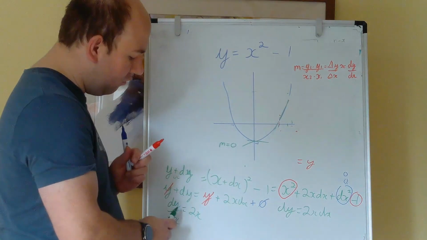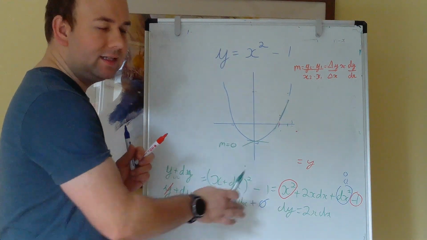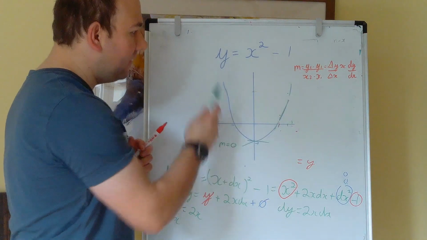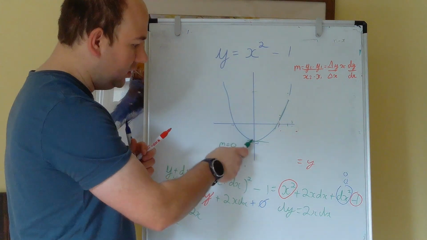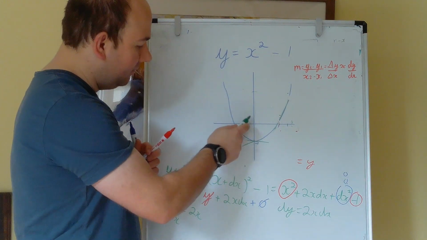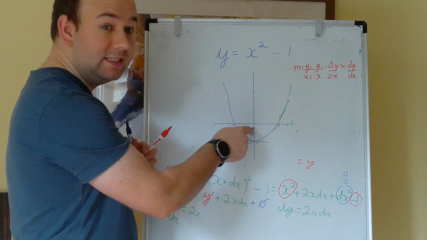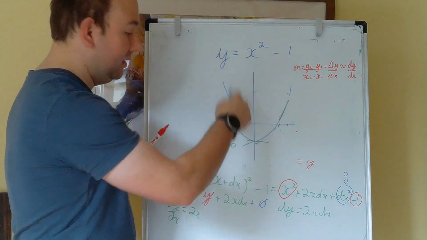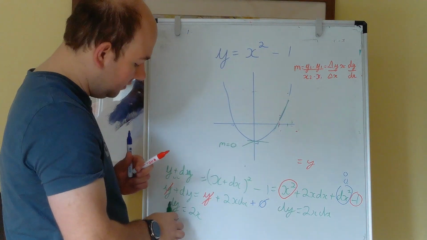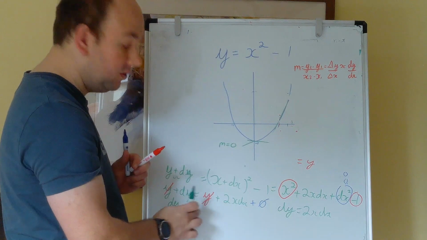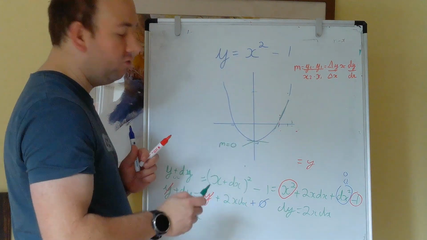So now we have a formula for the gradient that allows us to calculate the gradient for any value of x we put in. So for this point here, we said that we know that x is equal to 0 at the turning point, because of the way this graph is set up. And so now, if I put 0 into this, we have 2 times 0, which is 0, which is our gradient.